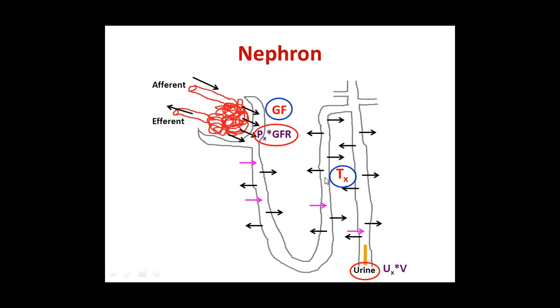So PxGFR is the filtered load of a substance per unit time, Tx is the transport of that substance per unit time, and UxV is the urinary load of a substance X per unit time. So this I discussed earlier.